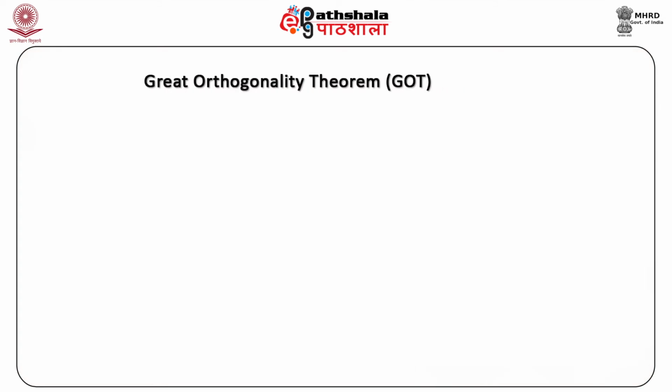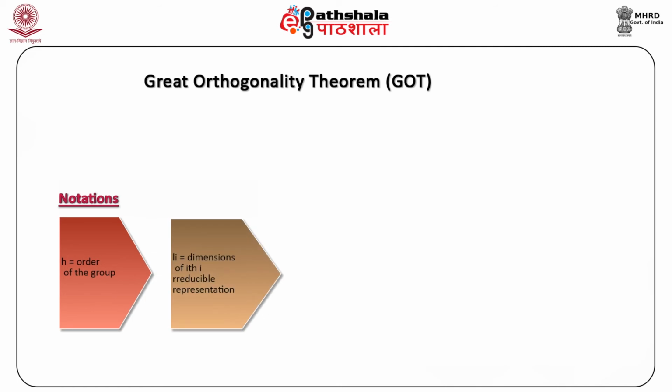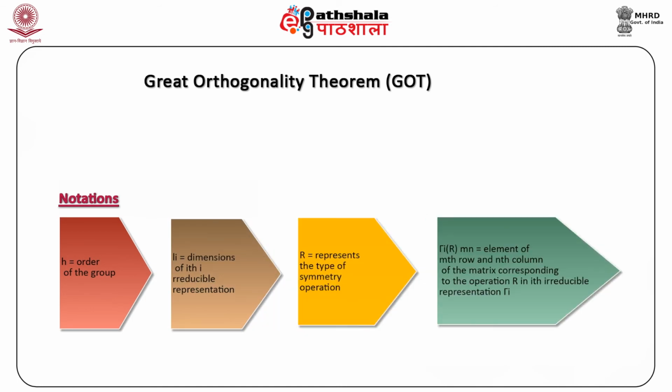After reaching this point, there is a great need for us to study the great orthogonality theorem. All the properties of a group, irreducible representations and their characters, which are very important in solving problems connected with chemical bonding and molecular dynamics, can be derived from one basic theorem, which takes into account the relation between matrix elements of the irreducible representations: the great orthogonality theorem.